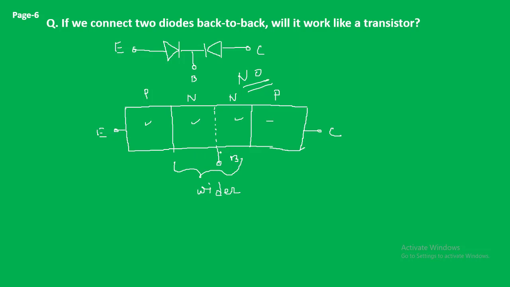From our previous discussion we have seen that base has to be very thin and lightly doped. So doping concentration is not matching. Similarly, width is also not matching. As a result, this kind of configuration shall never work like a transistor.